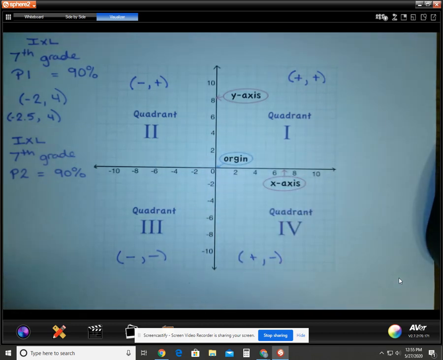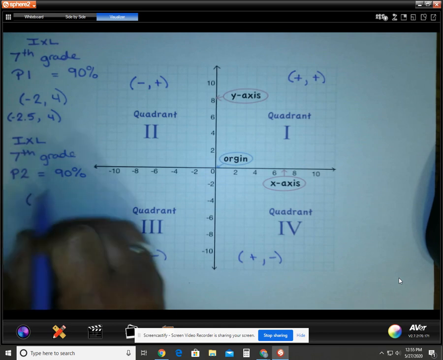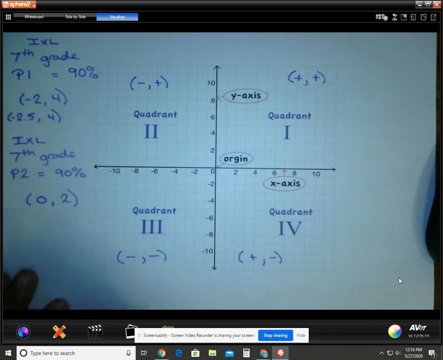So some of the questions you might get, they'll give you a coordinate and they'll ask you where it sits, either on the x-axis or the y-axis. So you have to think about, okay, what is that point? For example, I might give you 0, +2, and ask you, what axis does it sit on?